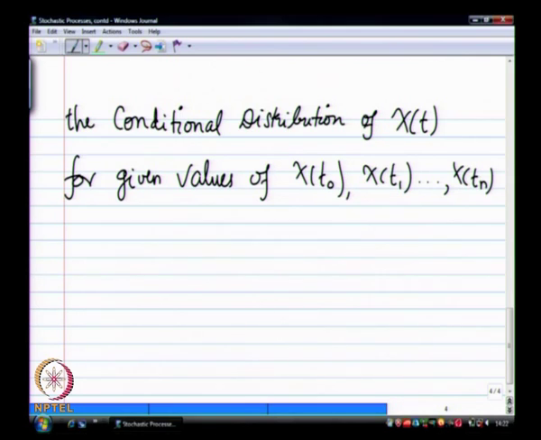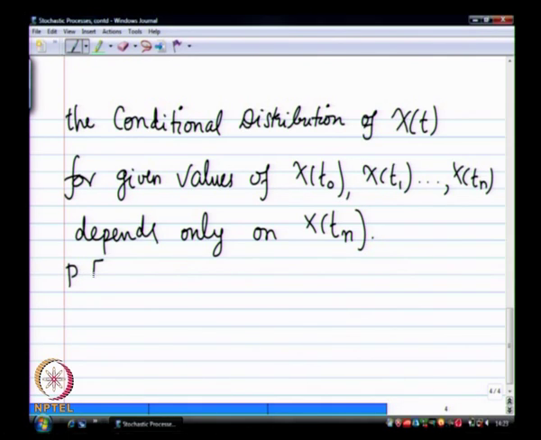Okay. So that is right now a definition, and later on we will see how this can lead into exponential holding times for Markov processes and so on. It depends only on x of tn. Okay. In other words, if you want to formally state this, t is the current instant that I am looking at.